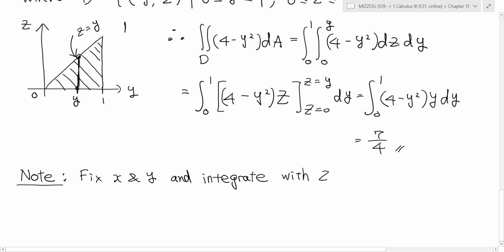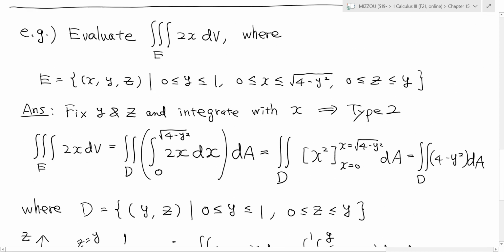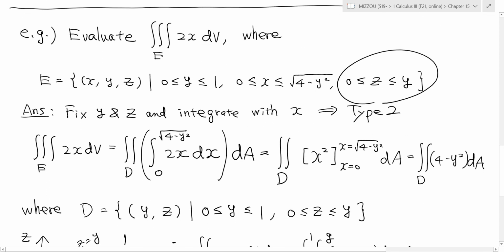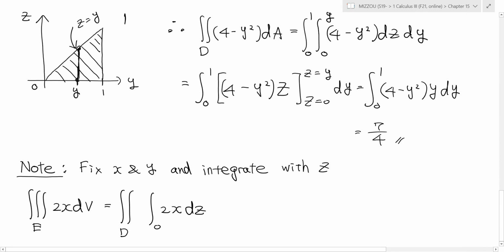In this case, our integral of 2x dV becomes a double integral, and now 2x, then you integrate with z, and z is from 0 to y.